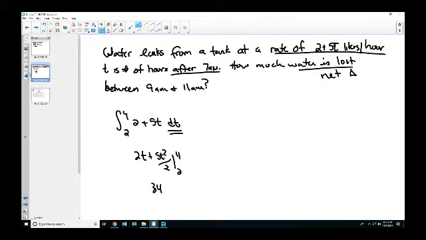So contextually, what would you say if you were asked to explain? 34 liters of water are lost between 9 and 11 a.m. So that would be your contextual explanation. Sometimes that will come into play.